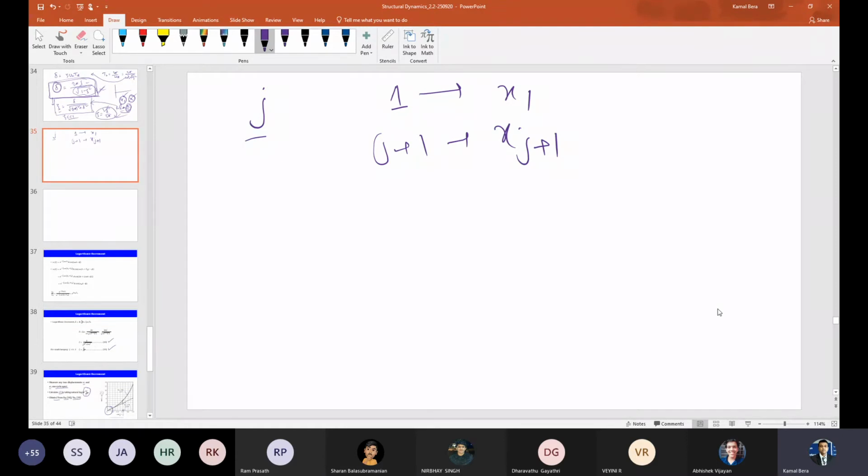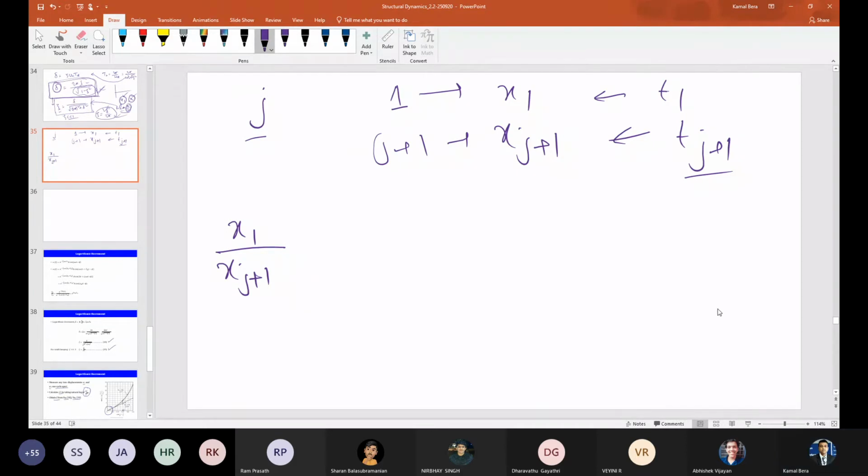Does someone want to ask anything? No. Okay. So if this is the case, this is time t1 and this is t_{j+1}, like we have done. Now we are going to try to find x1 by x_{j+1}. Previously it was x1 by x2, but ln of this is not the logarithmic decrement.